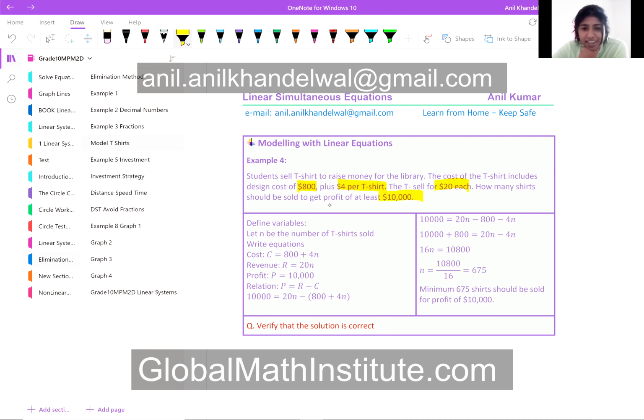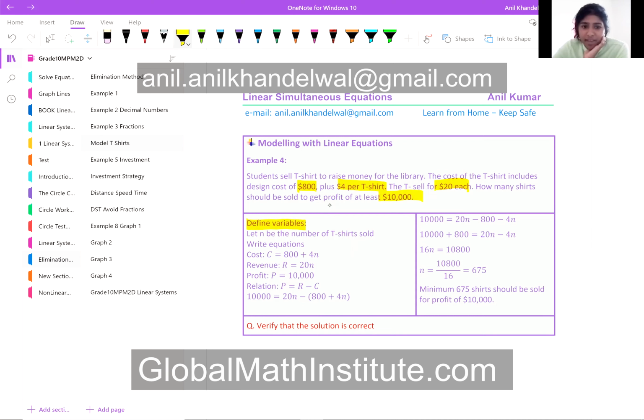So yeah, I think like you stated, define the variables. So just knowing what goes where. Since it says $4 per t-shirt, we know that's 4x. And then the t-shirts sell for $20 each, so that's the same concept, so it'll be 20x.